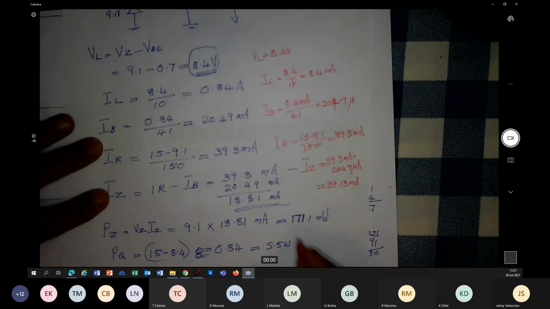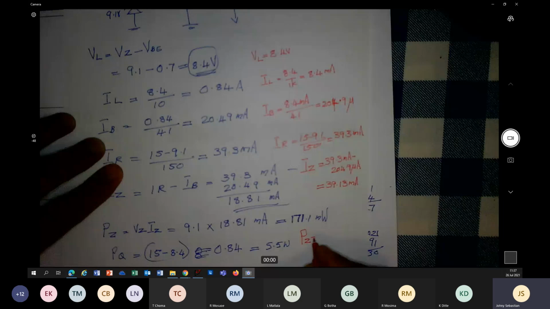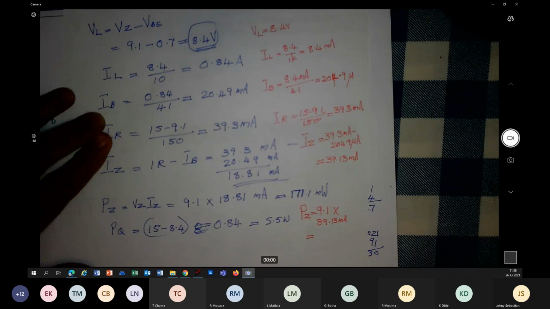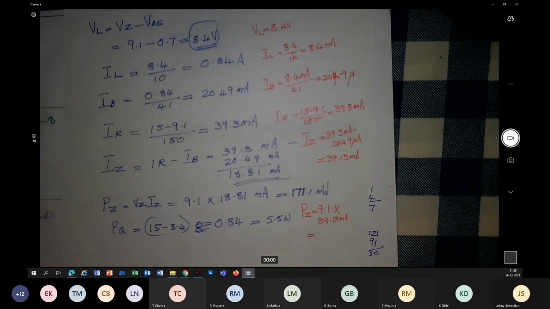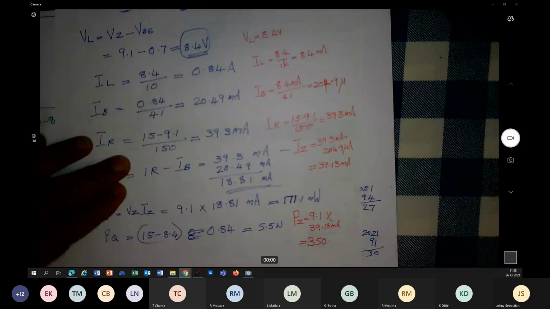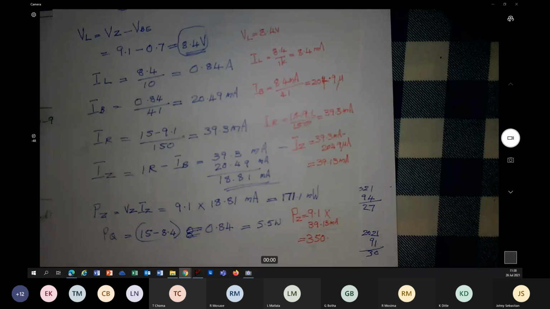So what is the final effect now? Power consumed in the Zener equals 9.1 times 39.13 milliamp, which equals 356.08 milliwatts.